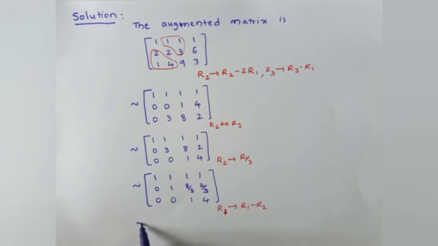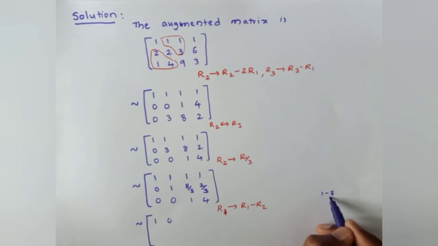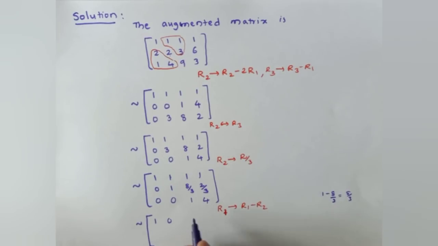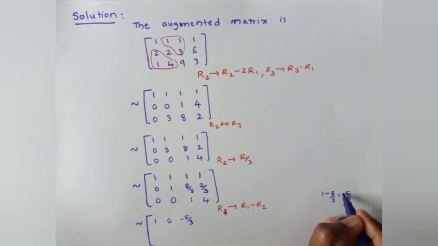So that the resultant is equivalent to, now, it is 1 minus 0, 1, 1 minus 1, 0, 1 minus 8 by 3. 1 minus 8 by 3 means it is 3 minus 8 by 3, so it is 5 by 3. Sorry, minus 5 by 3.